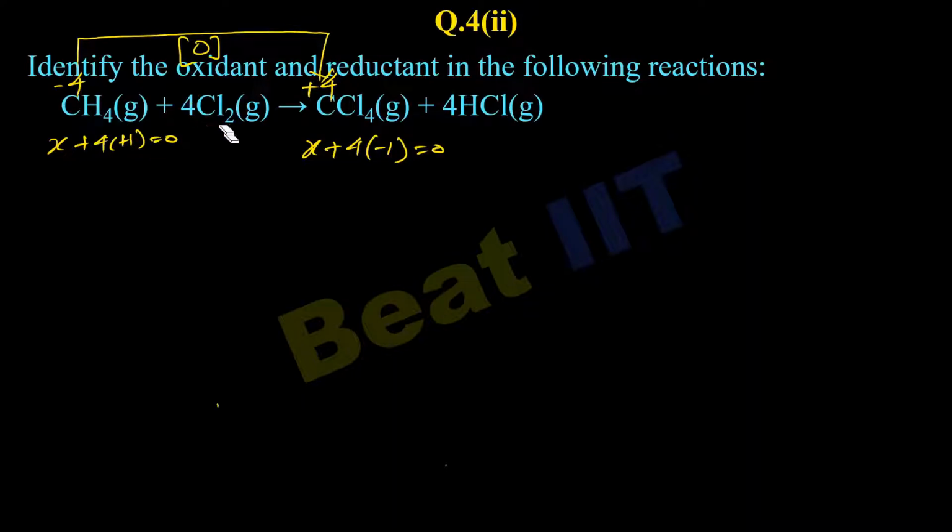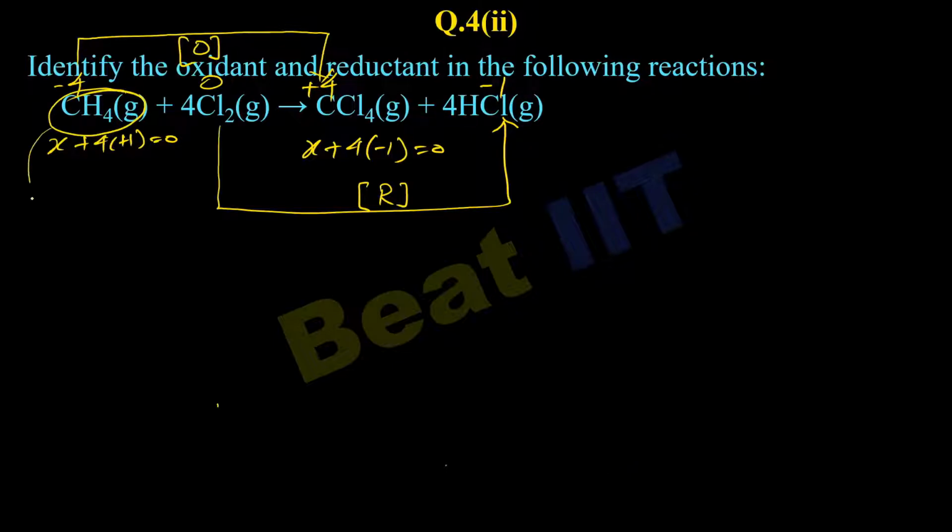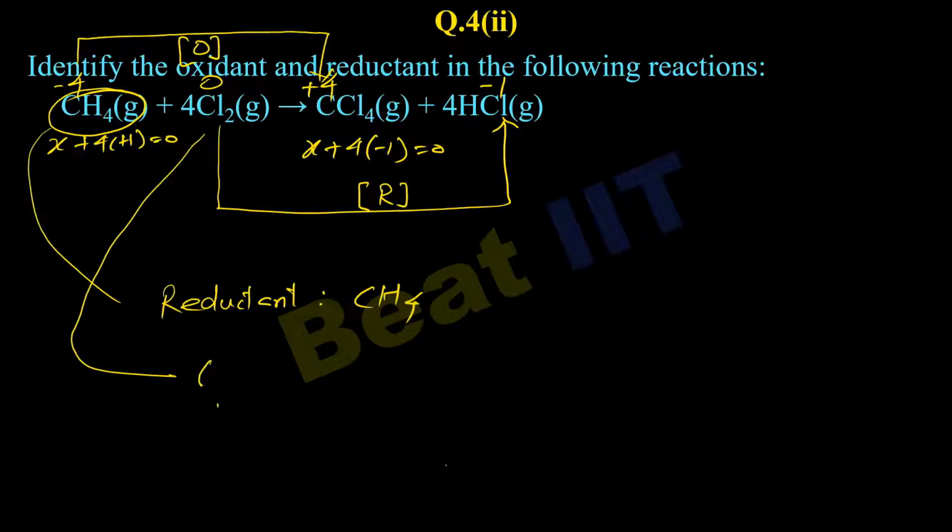Chlorine in its standard form, oxidation number 0. Here chlorine will have oxidation state -1. It is reduction, oxidation state 0 to -1. It is the reduction part. So the species getting oxidized is reductant. The species getting reduced is oxidant.